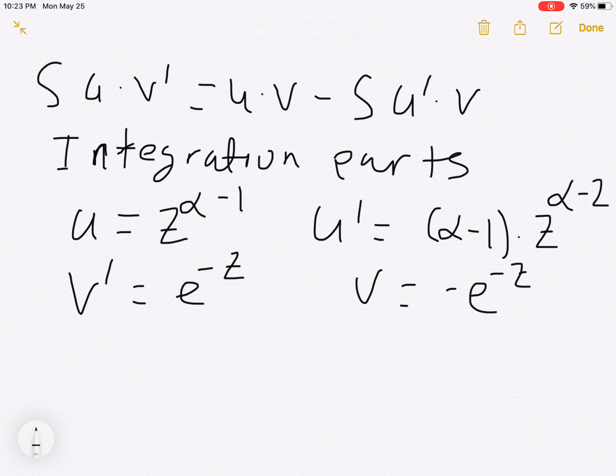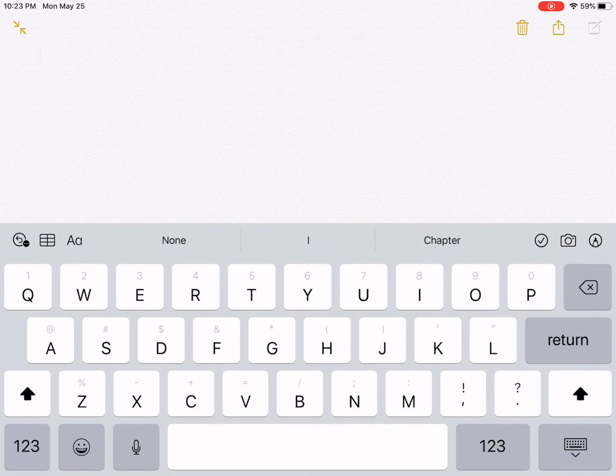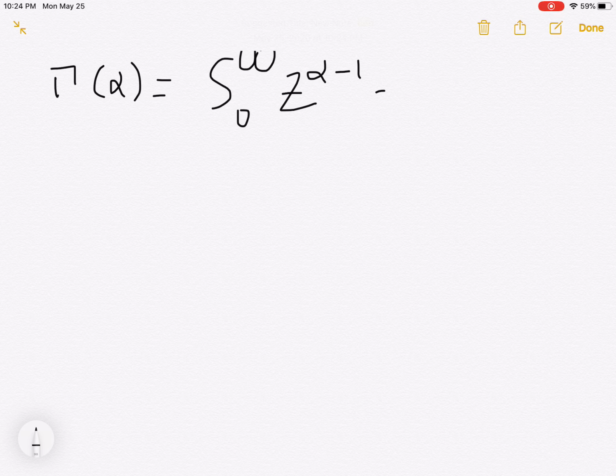So now, once we use this integration by parts, we can write this gamma function as this integral from 0 to infinity z to the alpha minus 1 times e to the minus z dz.